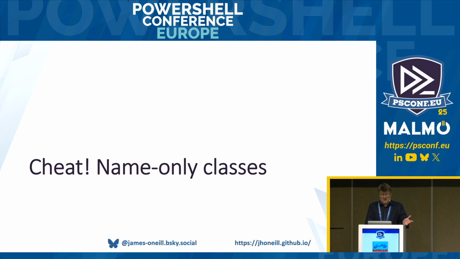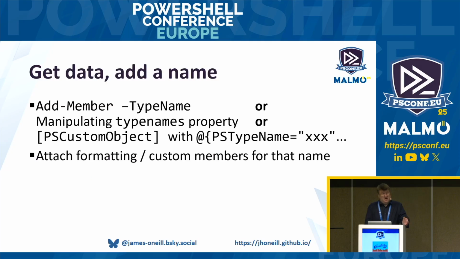So, name-only classes then. What do I mean by name-only classes? We get the data, we put a name on the end of it. So you can do this with the add member function, or the commandlet. You can pipe something to add member, specify the type name, or if you like manipulating the properties directly, you can manipulate the type name's property.